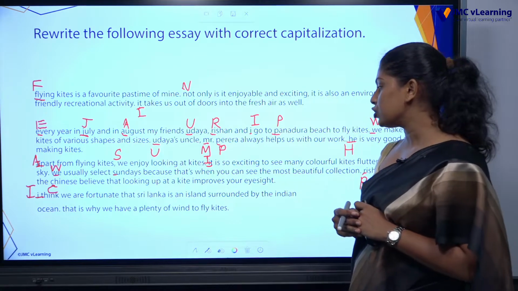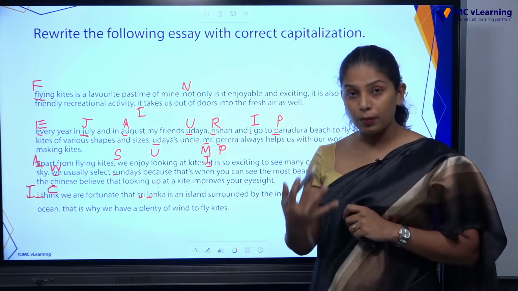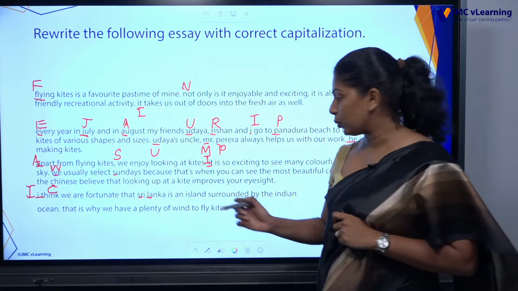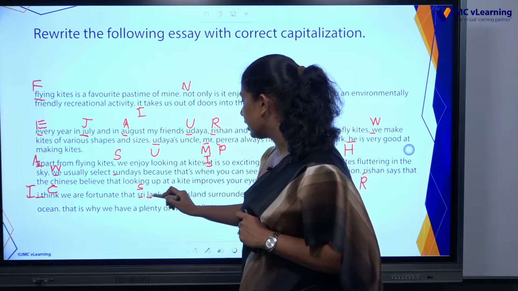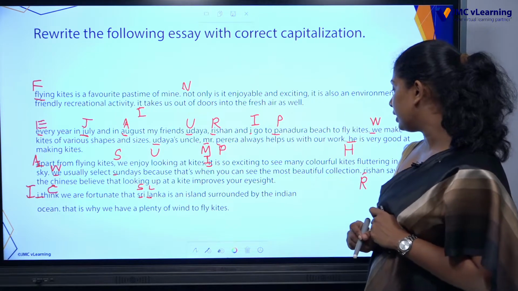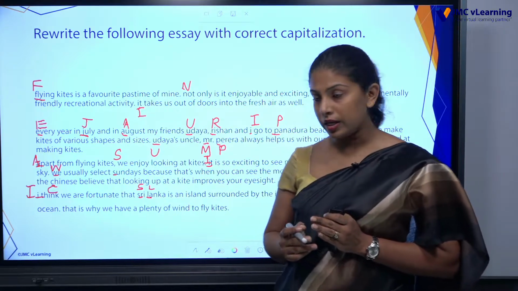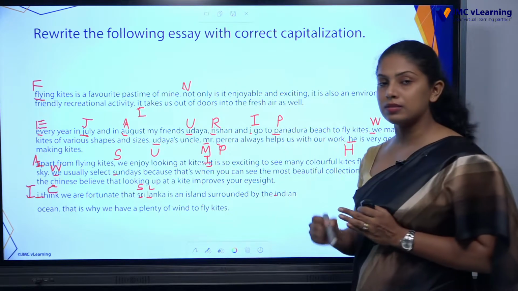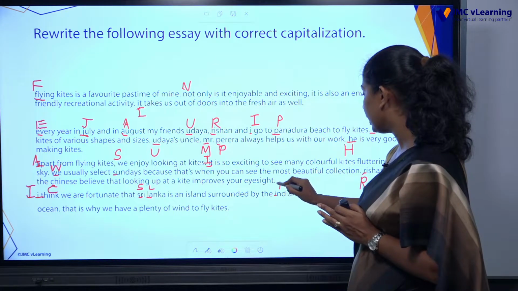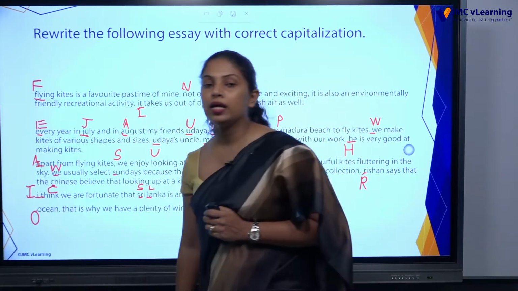I think we are fortunate that Sri Lanka, name of a country, that means a proper noun. Here we can't keep S and L simple. So we have to change that into capital S as well as capital L here. Is an island surrounded by the Indian Ocean. Indian Ocean, a name of a water body. So Indian, we have given a separate name, a proper name for that water body, the ocean. So I we have to write in capital, then Indian Ocean, O also we have to write in capital.